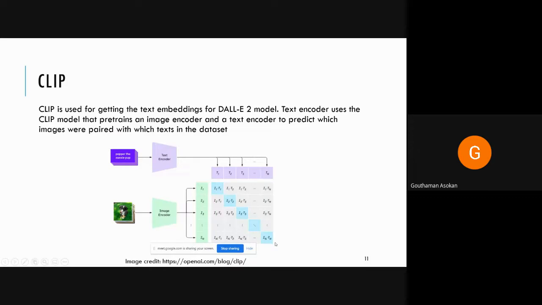Once we have this, we have a CLIP model that can tell, given any image and any sentence, how likely it is that they are a pair, that this sentence represents this image or this image represents this sentence. We will be able to know that with the help of this CLIP algorithm.